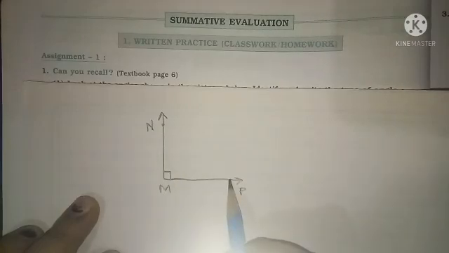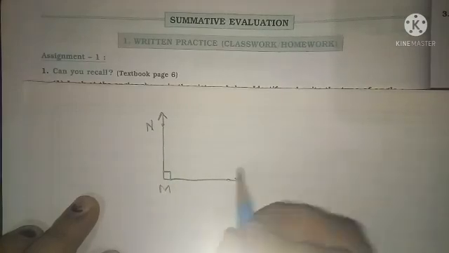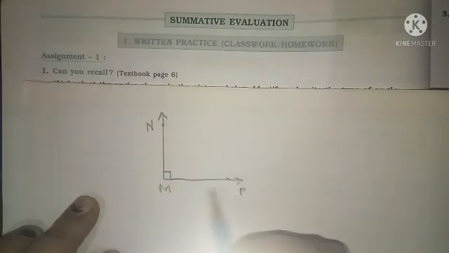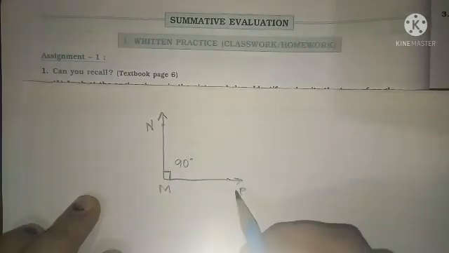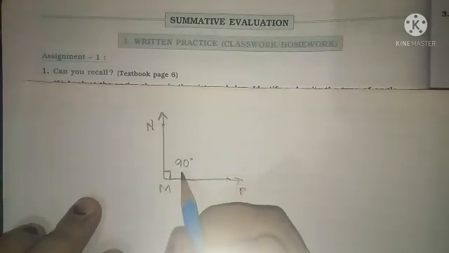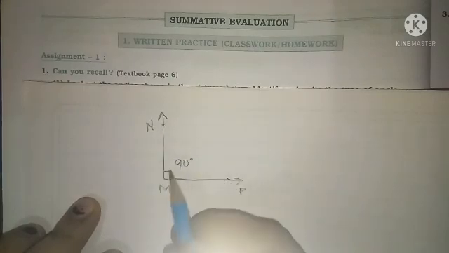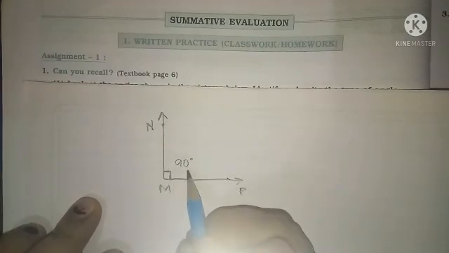Any random name you can give to your figure. So I have drawn this angle, and this type of angle is known as a right angle. Why? Because its measure is 90 degree. So you can define a right angle as an angle of measure 90 degree.